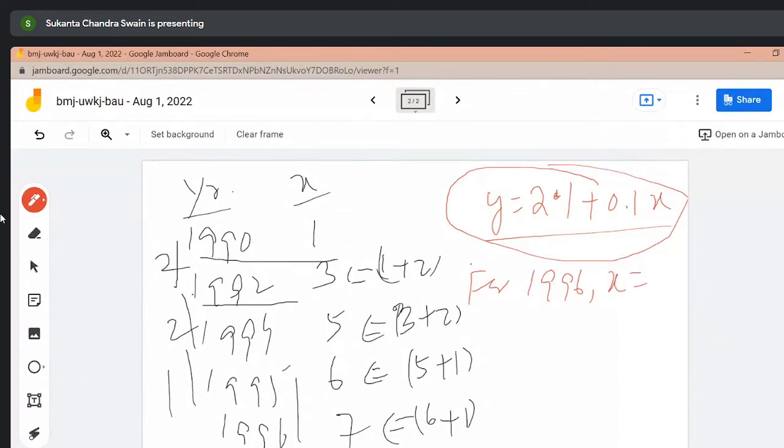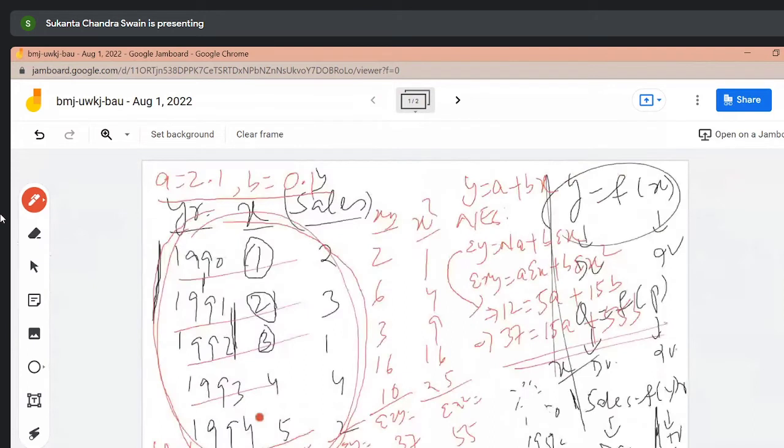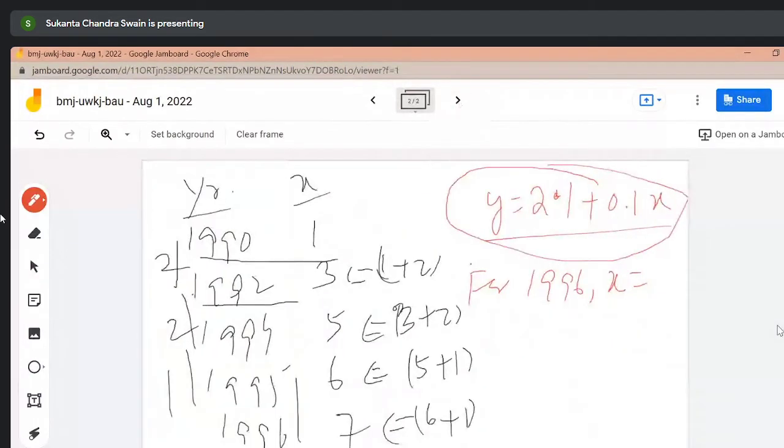What is the x value? You see, 94 was 5. 96 is 2 years more than 94. So it will be 7. X equals 7. Therefore, now y is equal to 2.1 plus 0.1 into 7. So this is the forecasted sales for 1996.